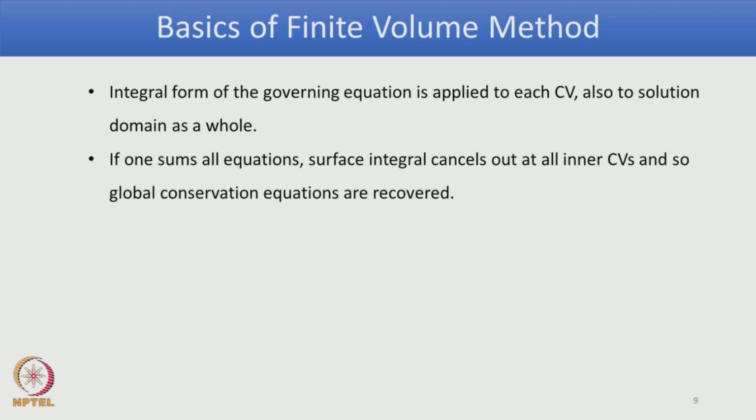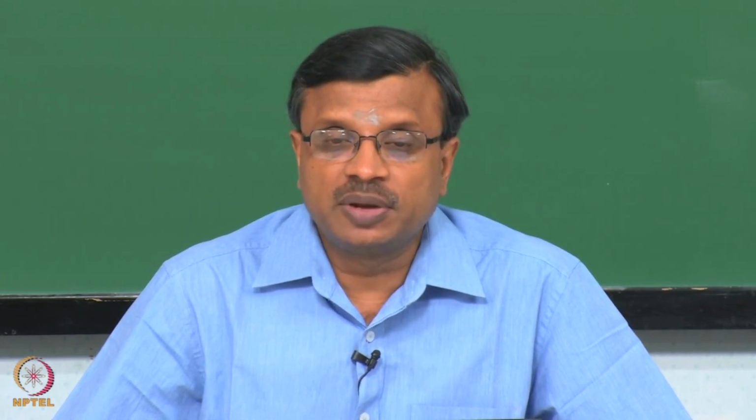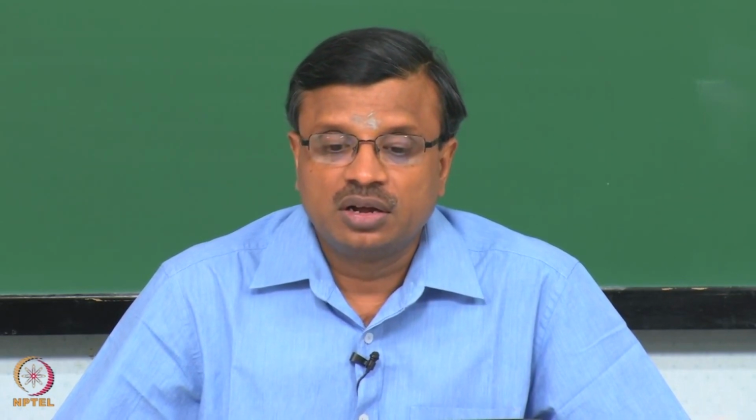Now, if there are two adjacent control volumes, they represent the same quantity. For volume 1 it may be flux going out, and for the immediately adjacent control volume 2 it may be flux going in.